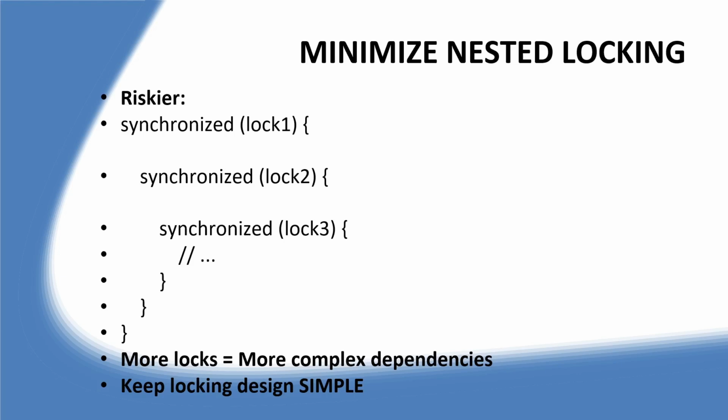Complex lock dependencies make deadlocks harder to find and diagnose. This does not mean nested locks are always wrong. Sometimes they are necessary based on our requirement. But when possible, simplify the locking design and avoid holding multiple locks at the same time unnecessarily. Only if it is necessary should we go for applying multiple locks.